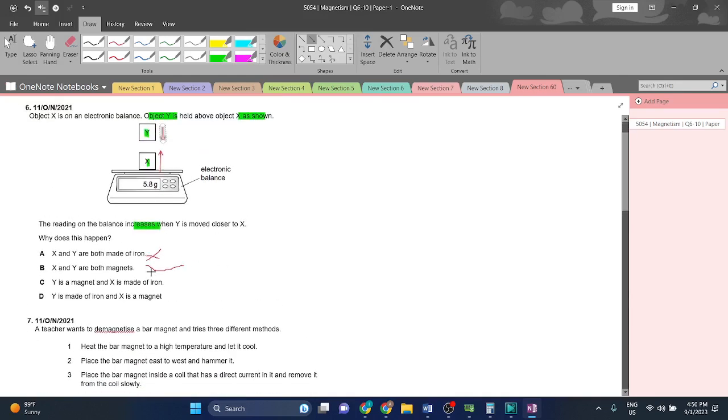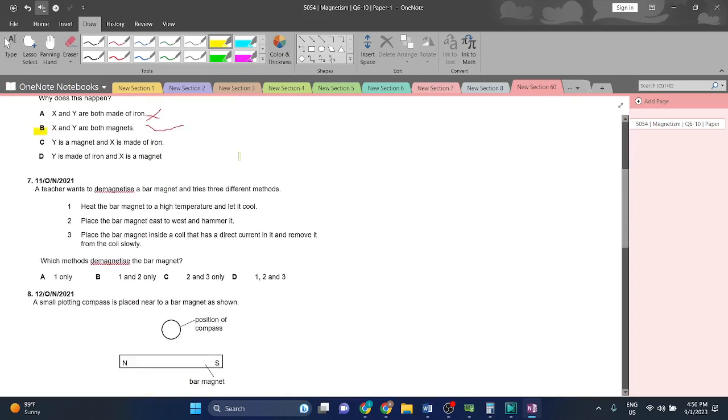Y is made of iron and X is a magnet, so this would do the same. It will attract each other and in turn decrease the reading. So the only valid answer could be B, right? Because if X and Y are both magnets, possibly they could repel or attract each other. And if they are repelling each other, then the reading on the scale becomes larger than 5.8.